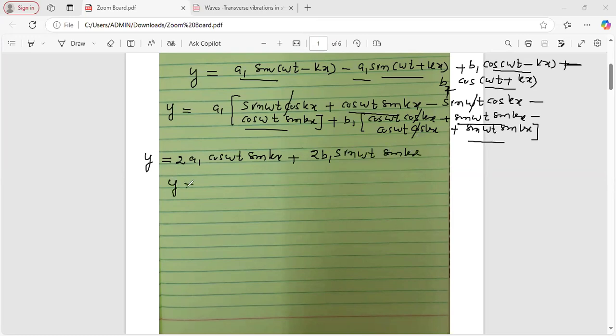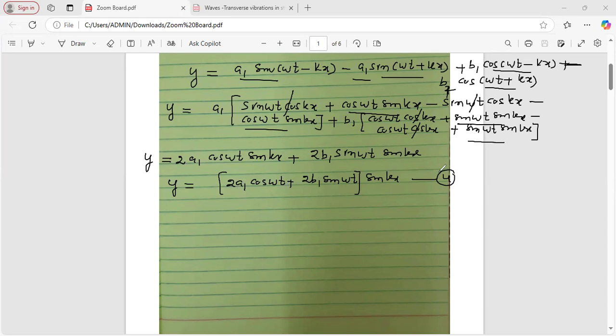In this, we can take sin kx common: 2a1 cos omega t plus 2b1 sin omega t, into sin kx. This is equation 4. This equation represents the resultant displacement of the particle while the transverse wave is propagating through the stretched string.